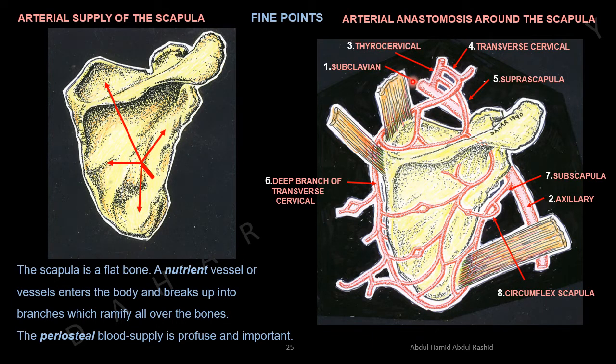This is the subclavian artery. It continues down as the axillary artery. The subclavian artery will give the thyrocervical trunk, which will give the transverse cervical artery and also the suprascapular artery. The transverse cervical artery will give a deep branch coming down along the medial border of the scapula.